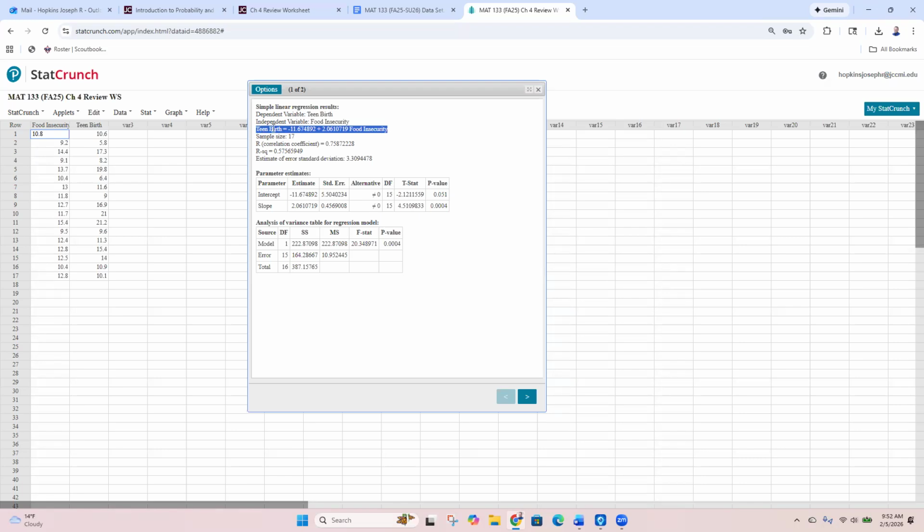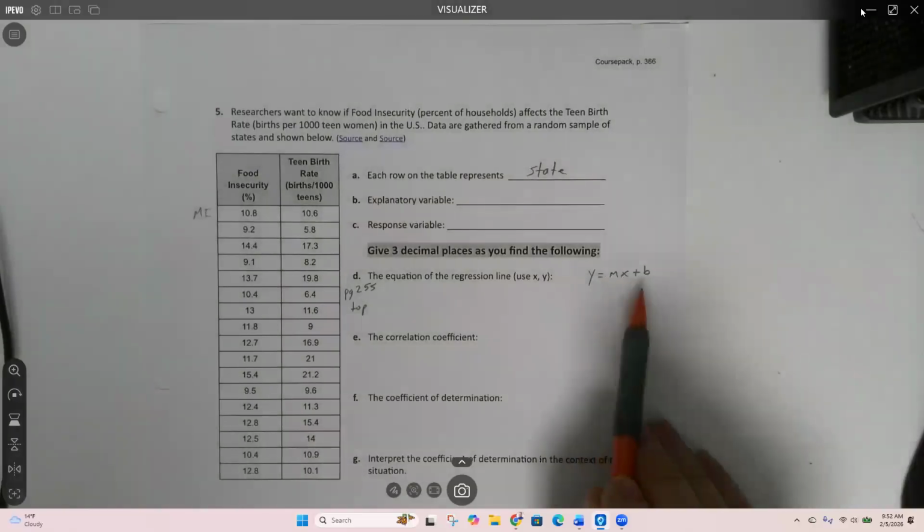Teen birth is my y, and m is the slope, the number attached to the x. In this case, food insecurity is the x, so the 2.06 is actually the slope, and you can see that down here. They say the slope is this. I like to write my line in this order.